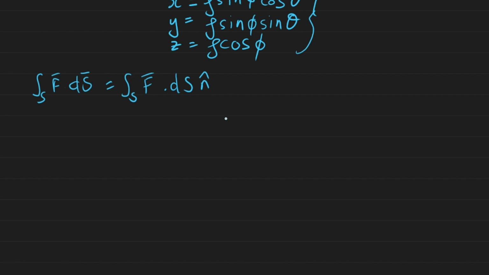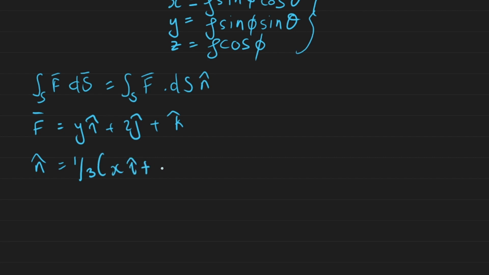We can do this quite easily. So f was given earlier in the problem, so that was equal to yi plus 2j plus k. And the normal vector was also determined earlier, and we saw that it was actually 1 over 3 into xi plus yj plus zk.